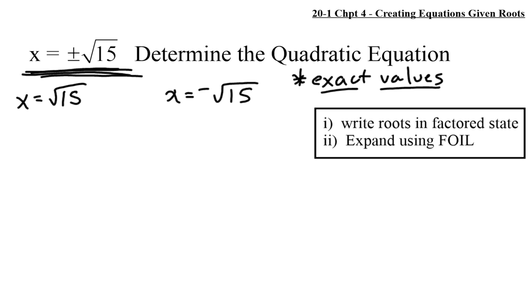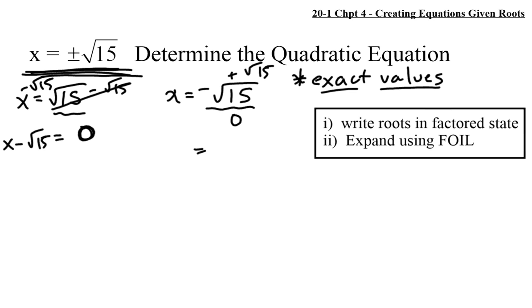Well, it's not a lot different. I want an expression equal to 0, so I'm going to subtract root 15. Subtract root 15. What I have, take it away, gives us 0, and we're left with x minus root 15. Do the same thing here. We want this to have a value of 0, so we're going to add root 15.